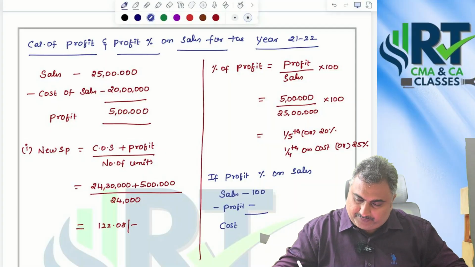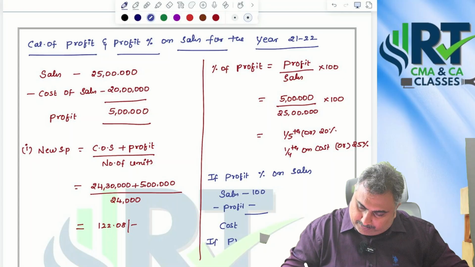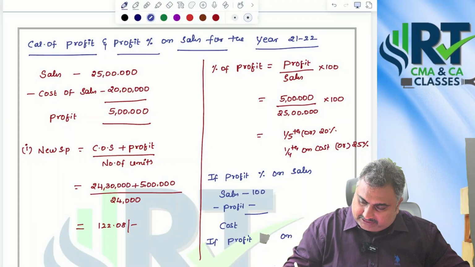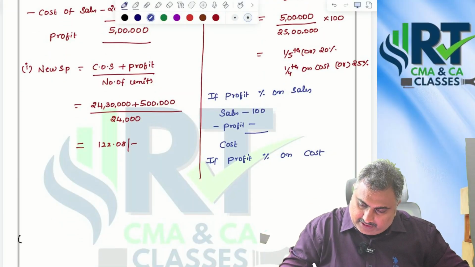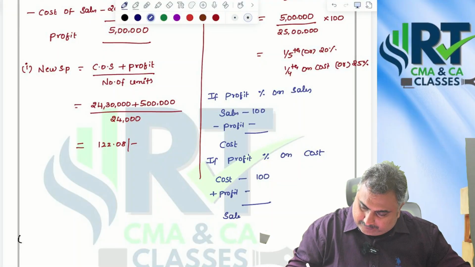If they mention profit percentage on cost, then take cost equal to 100, add profit, then you will get sales.